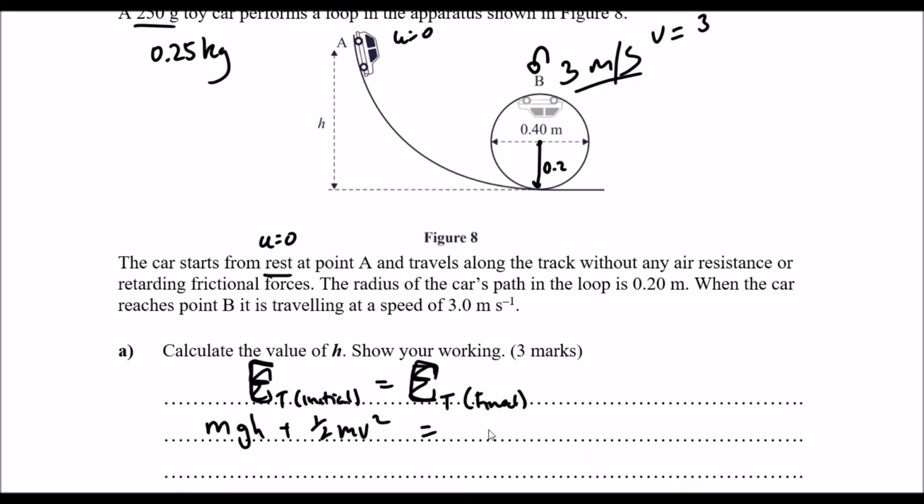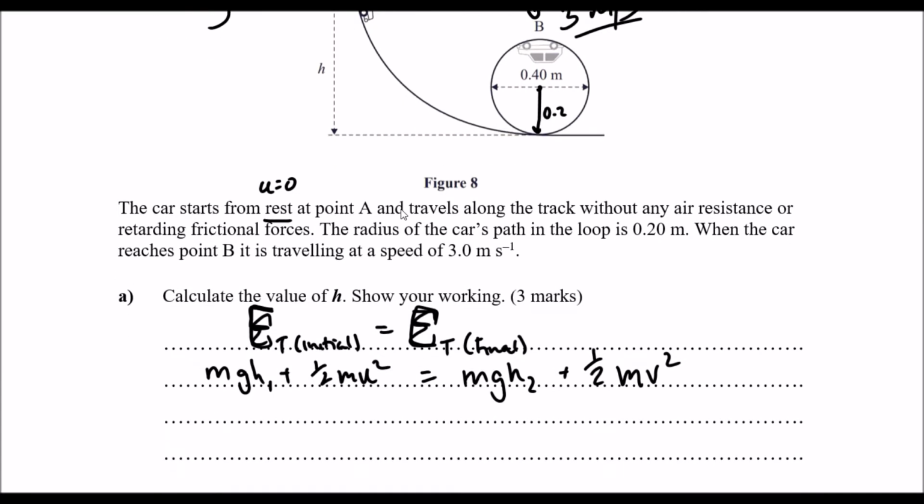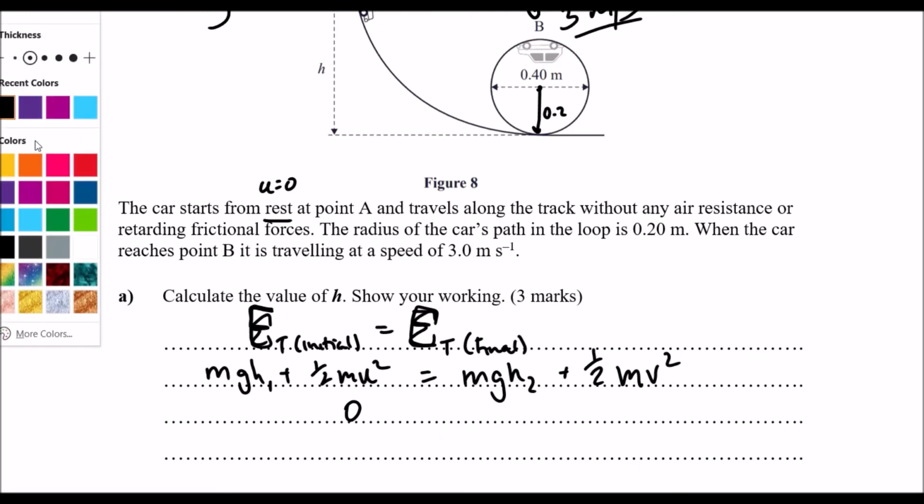And then I might just write u so we don't confuse initial and final. And then mgh2, because that does change, and then half mv squared. Okay, so we know that this value is 0 because we have 0 initial velocity at that point there.